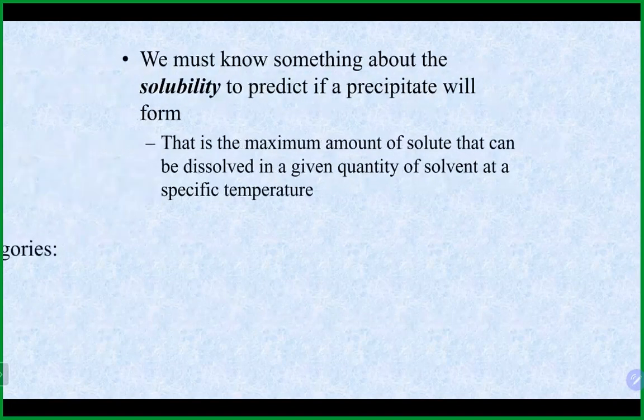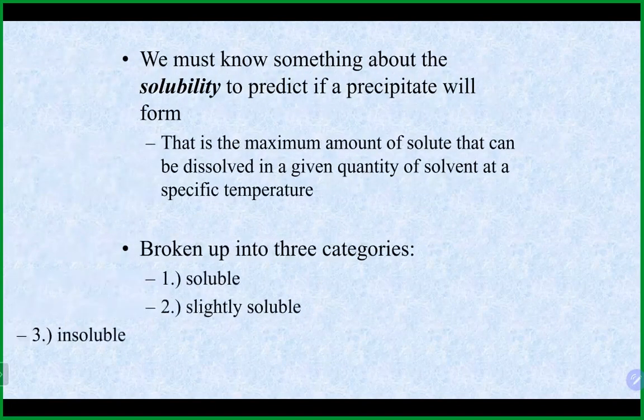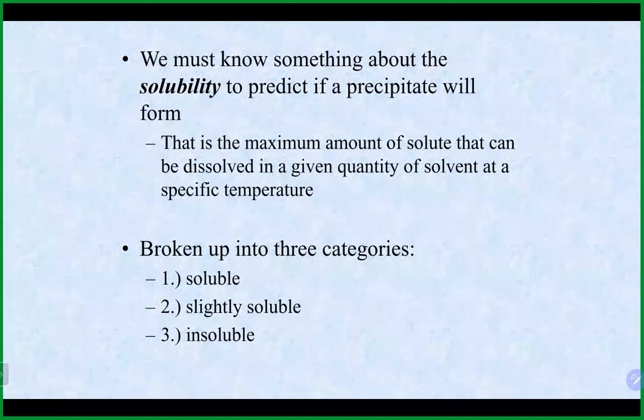All right, so the question might be, how do we know when we put together certain ions to form an ionic compound, would we expect a solid to form or not? And that's really what solubility and our solubility rules are for. Solubility helps us predict whether or not we would expect a precipitate to occur.